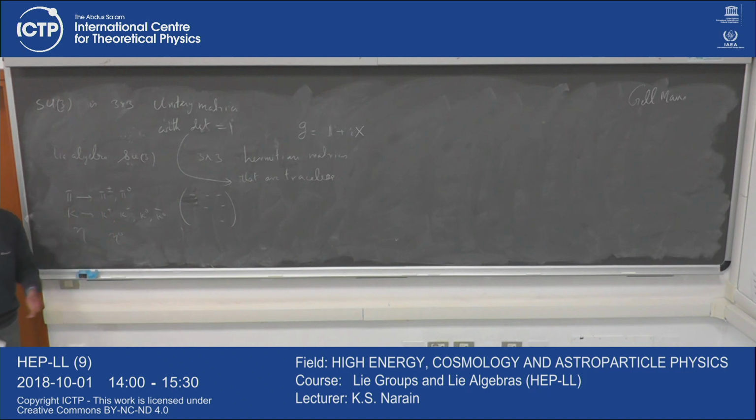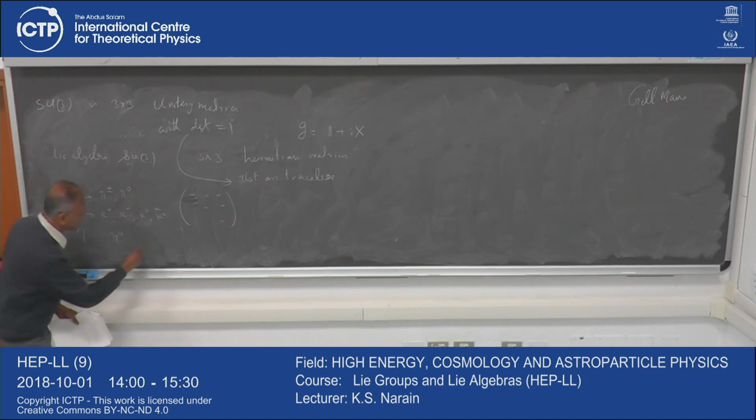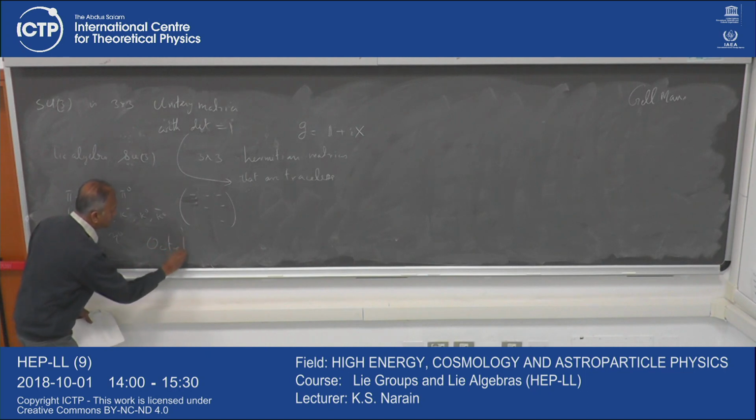But he said, okay, let's ignore those differences. After all, charge is a property of electromagnetism, but he was interested in nuclear forces, strong forces. So he said, let's ignore the electromagnetic force and also the mass differences. Then you could put them in a nice pattern, what is called the octet pattern.